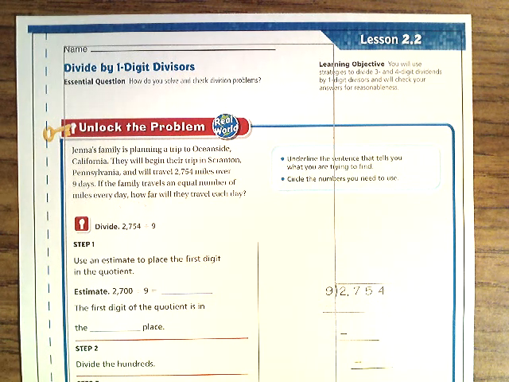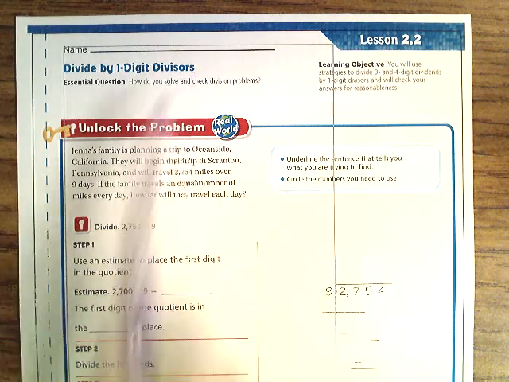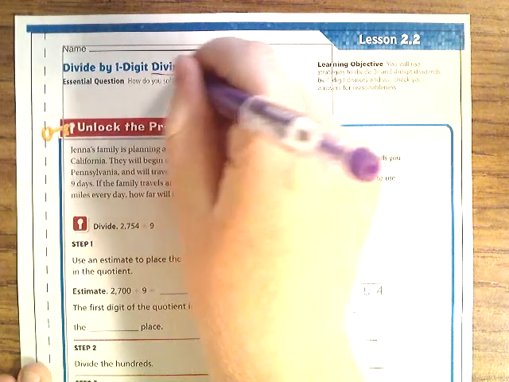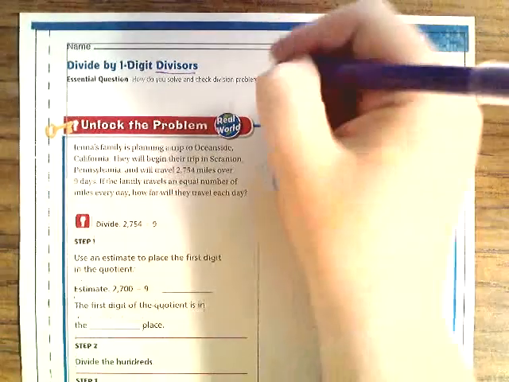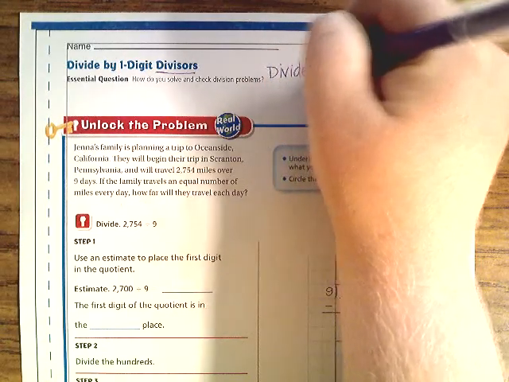So notice at the top it says divide by one-digit divisors. So divisors is a pretty big word, okay? Now I want you to underline it, and we're going to talk about another word today that you've probably heard before called the dividend, okay? And I want you to write dividend at the top. Dividend, okay?